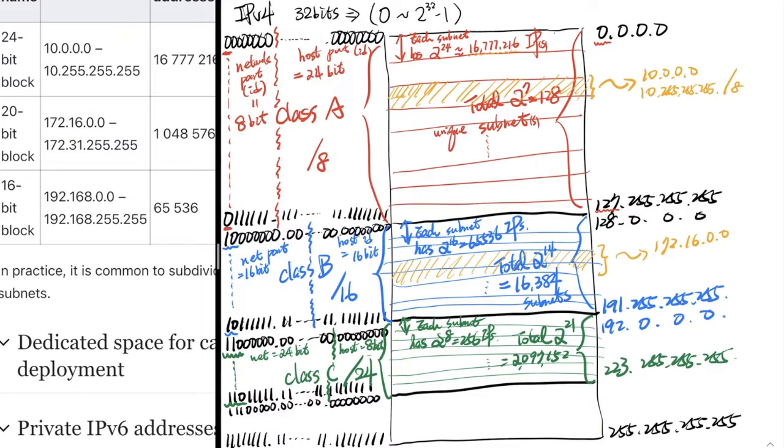There should be several different Class B subnets.